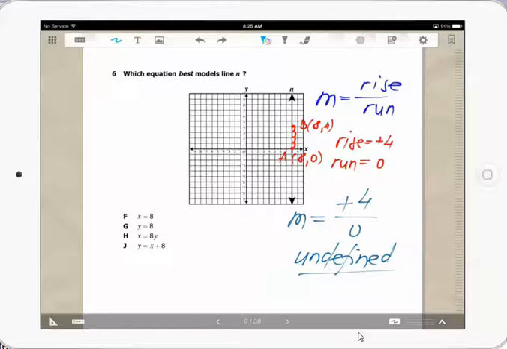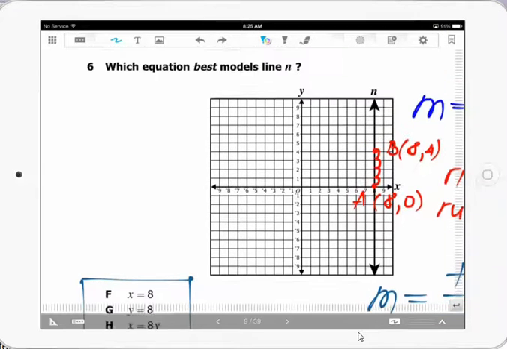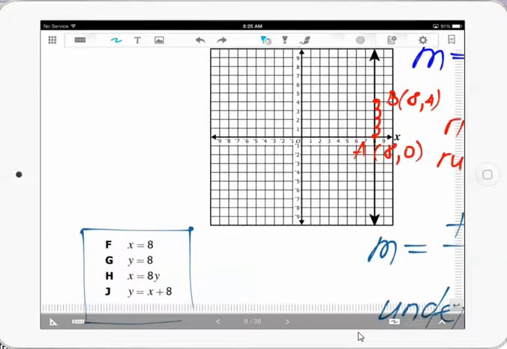However, this question is asking you to find which one of these 4 equations here, okay, is the one that gives the rule for your line n. Okay, line n, right? Is it x equal 8? Well, let's see. X equals 8. Well, every point that we've chosen and any other point on my line have indeed an x equal 8.